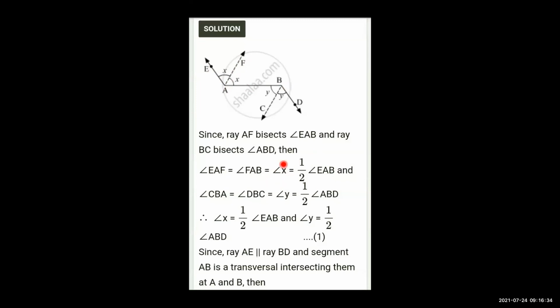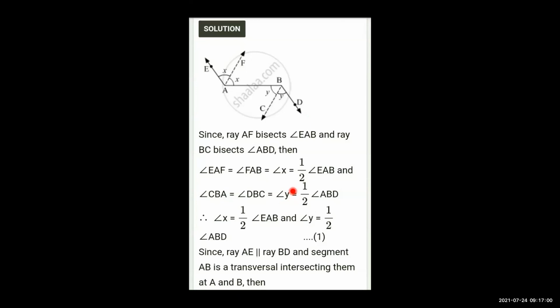Similarly, for angle ABD, if we make it half, the measurement of each angle is y degrees.